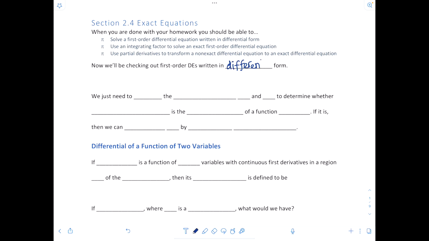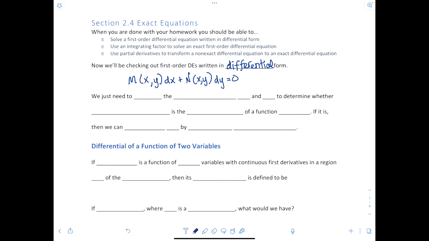Just as a reminder, differential form is capital M of x and y dx plus capital N of x and y dy is equal to 0.